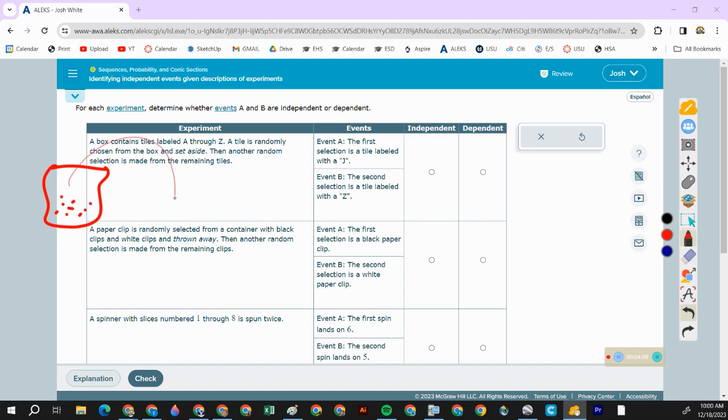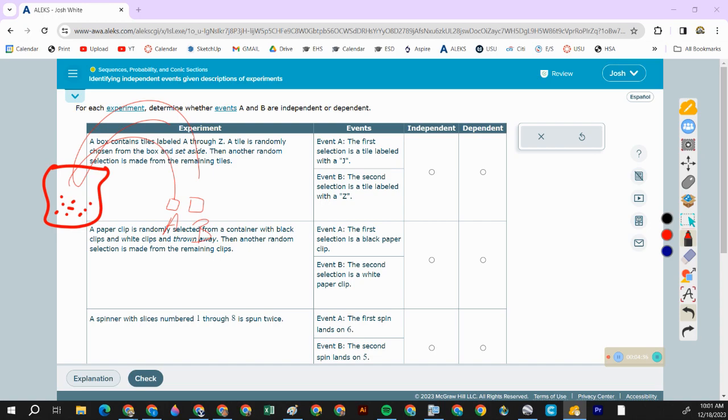We reach in and we pull one out. What do we do with that tile? We set it down. Then we reach in and pull out another one and set it down. This is A, and this is B. Okay? So event A is the first selection is a J. B, the second selection is a Z.